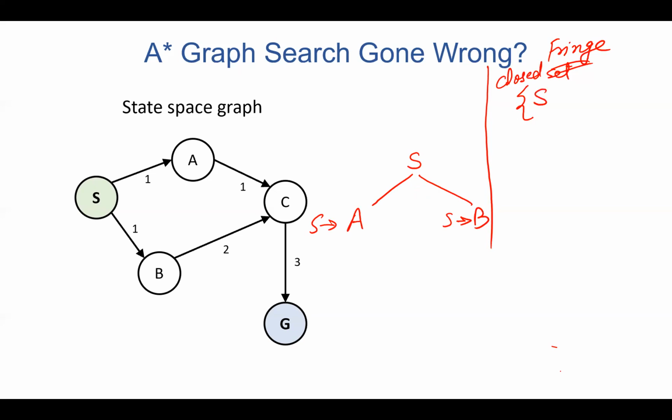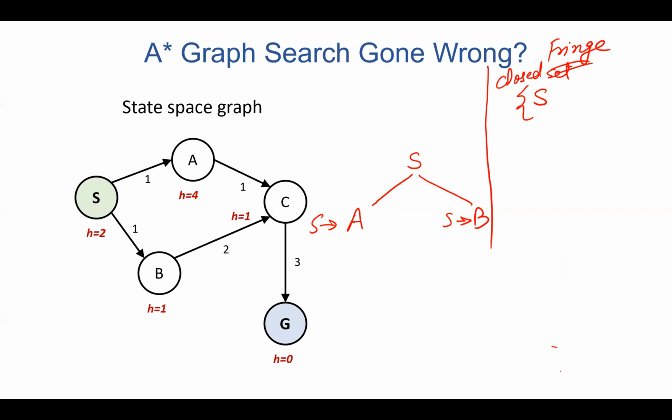Sounds good? So from S, we can either go to A or B. I was missing the edge. It was in the animation. Okay, we can go to A or B.